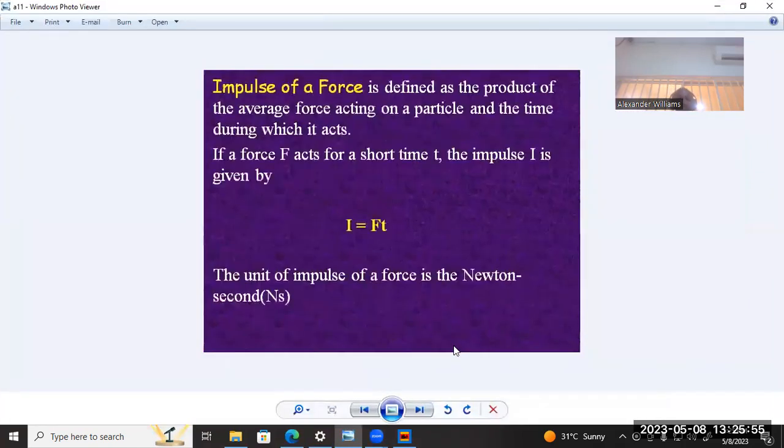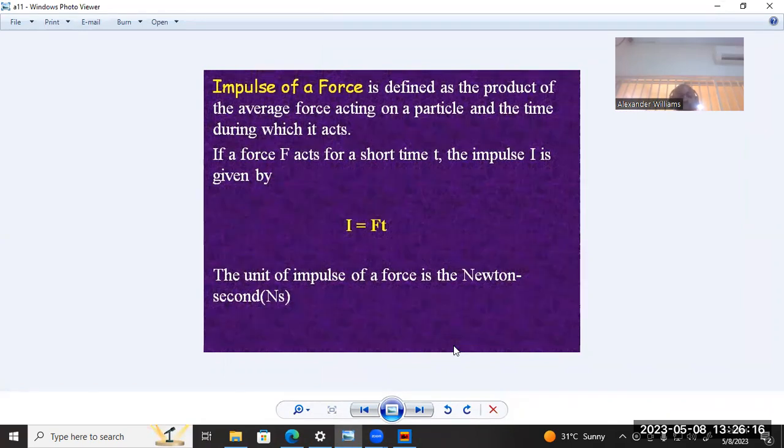Let's discuss impulse. Impulse of a force is defined as the product of the average force acting on the particle and the time during which it acts. Paul, remember when we say force, it is a push or pull on an object.